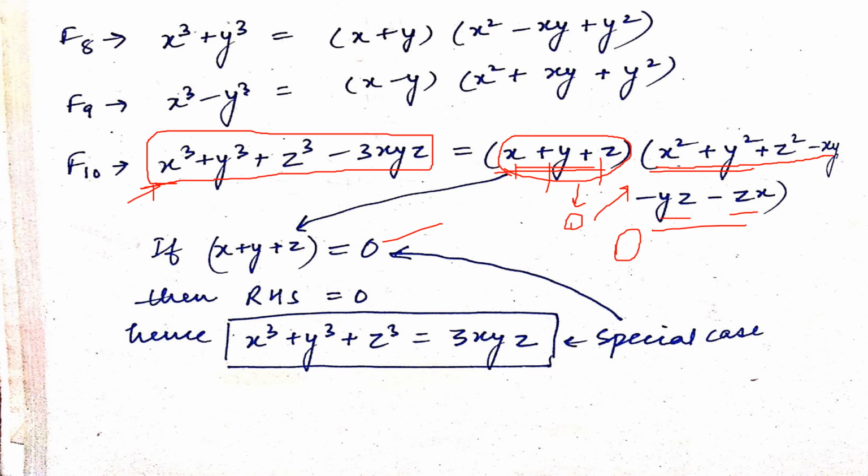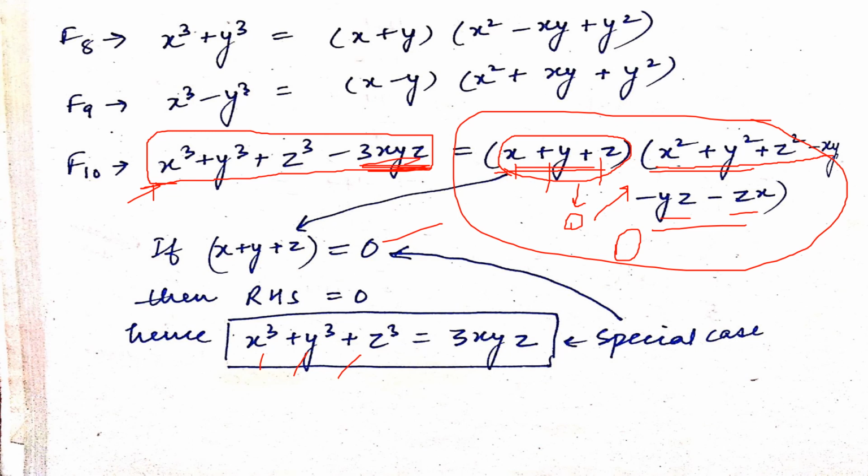That means this complete right hand side will become 0. So we can say that x cube plus y cube plus z cube is equal to 3xyz. We have taken this to the right side and this became our new formula. But this formula is only for a special case, and that special case is when the sum of x, y and z is 0.